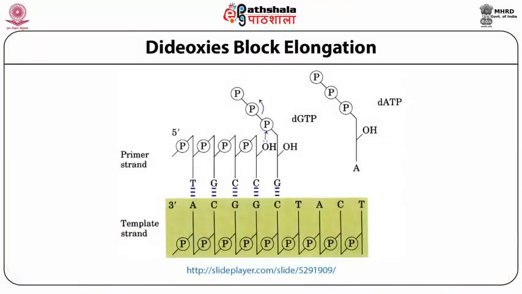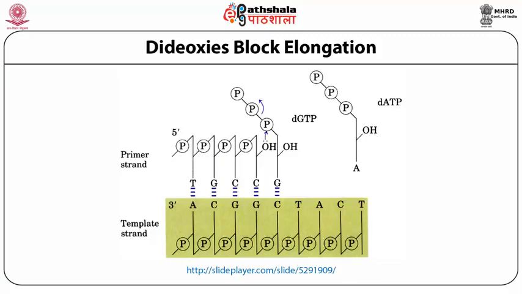In Sanger's dideoxy chain termination method, there is a requirement of single stranded template DNA, a primer strand, dNTPs, and one ddNTP. Because this ddNTP doesn't have the 3' OH group, wherever this ddNTP is inserted, the cycle of elongation will stop there.